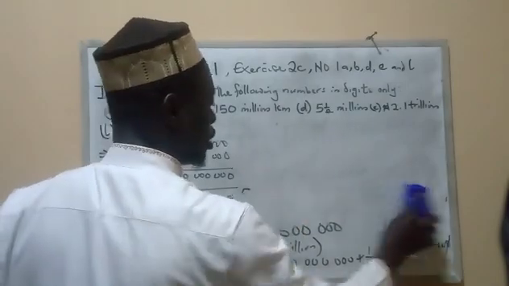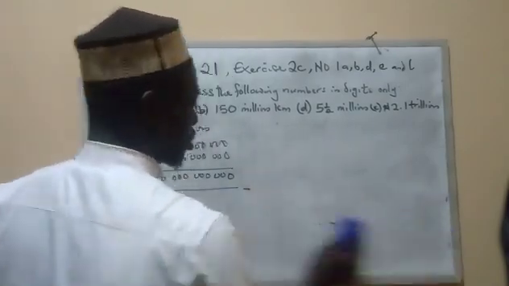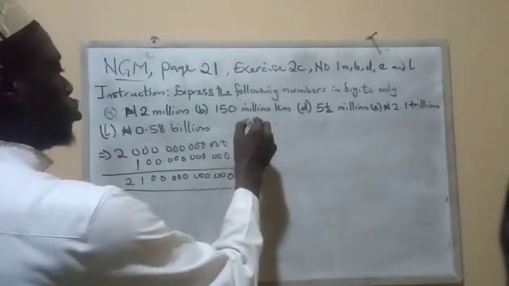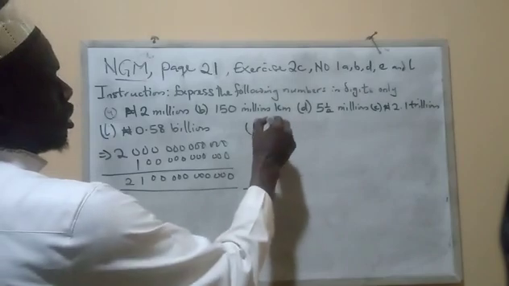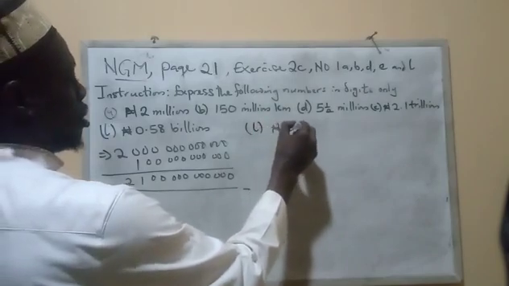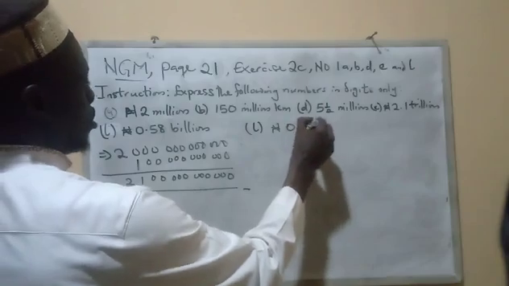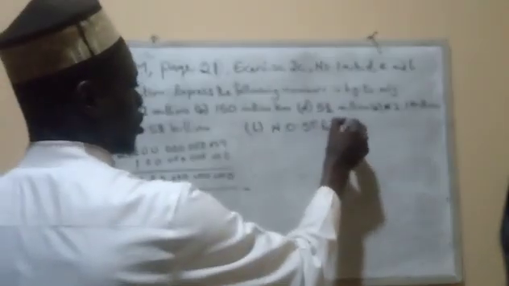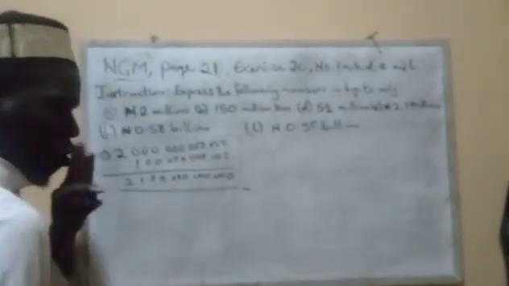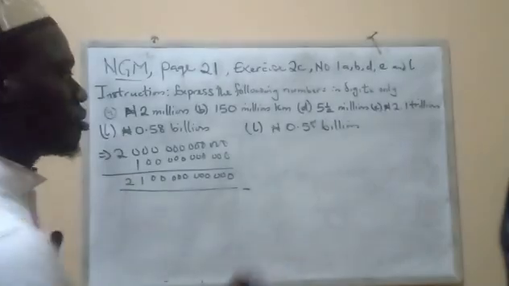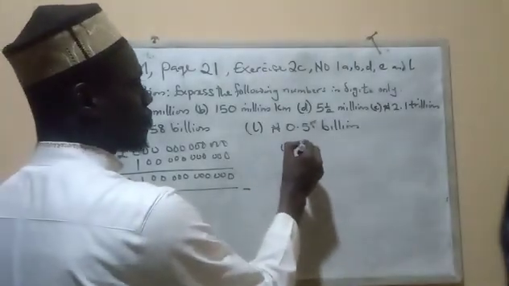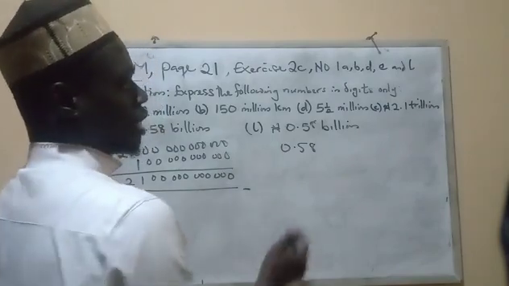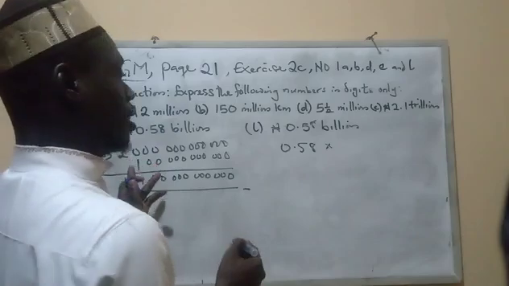Then the last but not the least is the one that also has to do with a decimal point: 0.058 billion. You can say multiply by 1 billion, as we did in the other one.